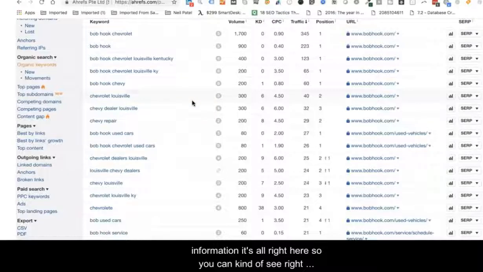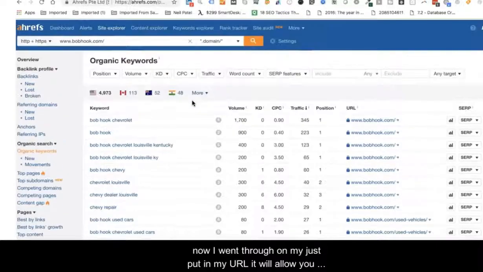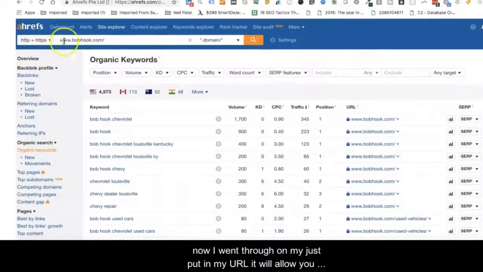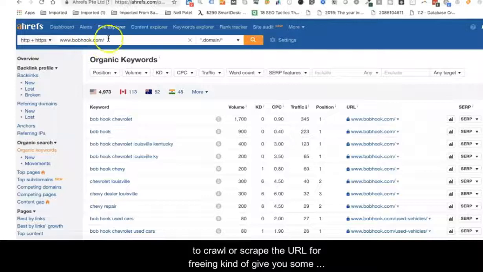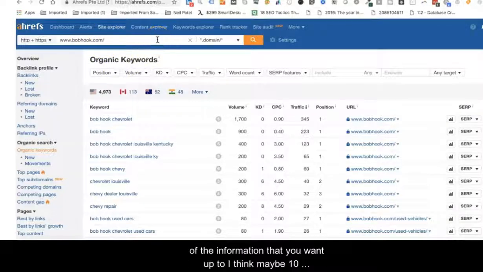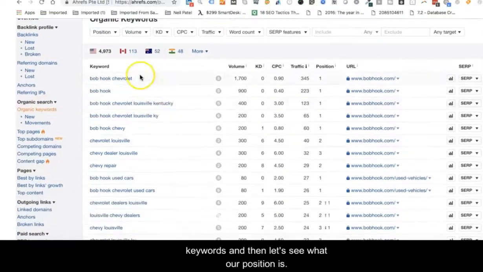It's all right here. So you can see right now I went through, I just put in my URL. It will allow you to crawl or scrape a URL for free and give you some of the information that you want, up to I think maybe 10 pages or so for free. But you can go here and see organic keywords, and then let's see what our position is.